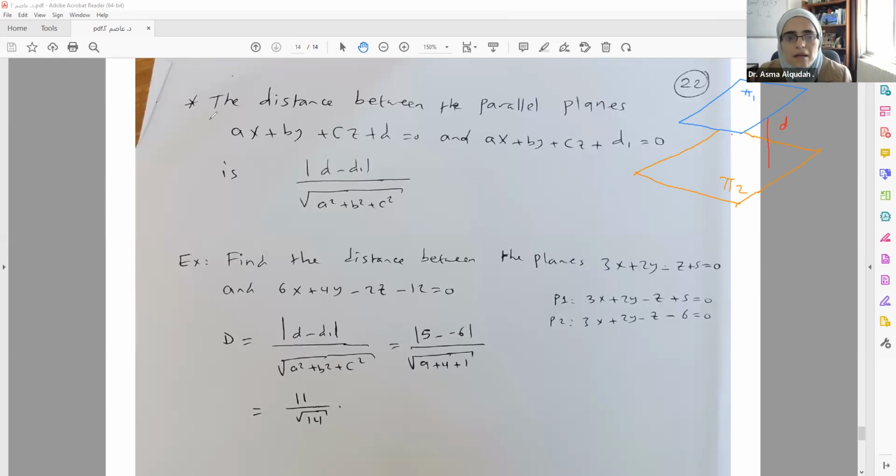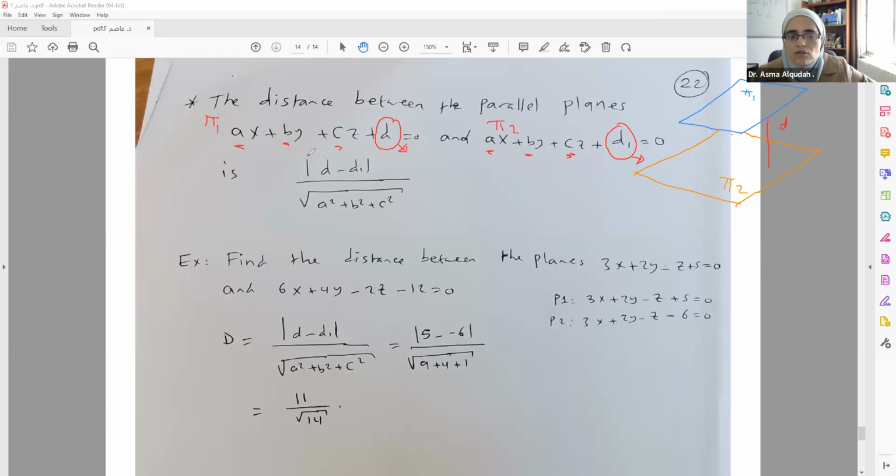Okay, so this is plane pi 1 and this is plane pi 2. If we look at them, they have the same coefficients A, B, and C, because they have the same normal, but they differ in the constant term. So in order to find the distance between these two planes, you take the constant term of the first plane minus the constant term of the second plane.